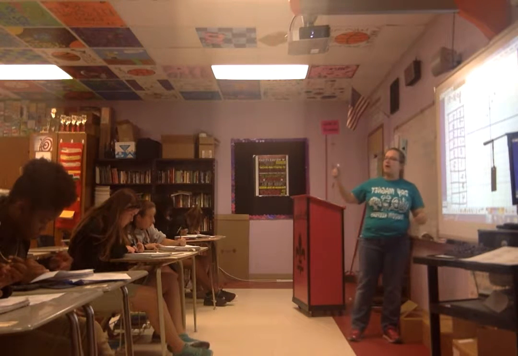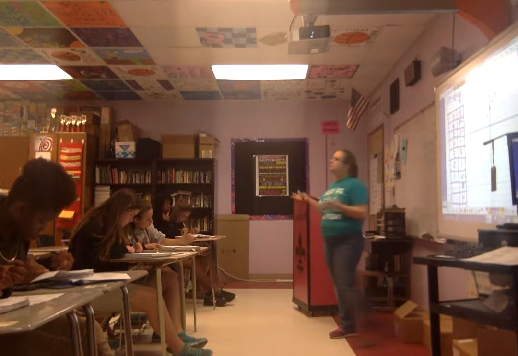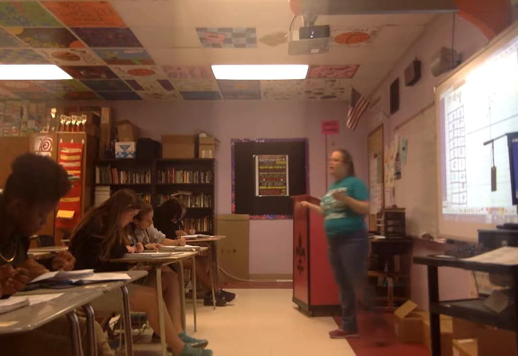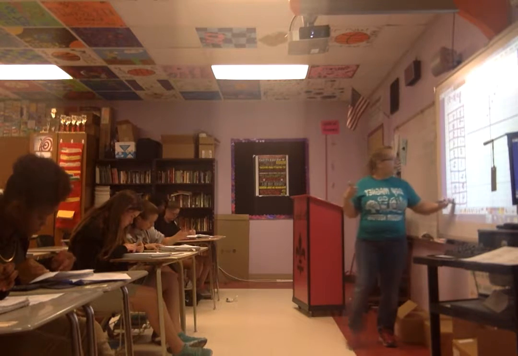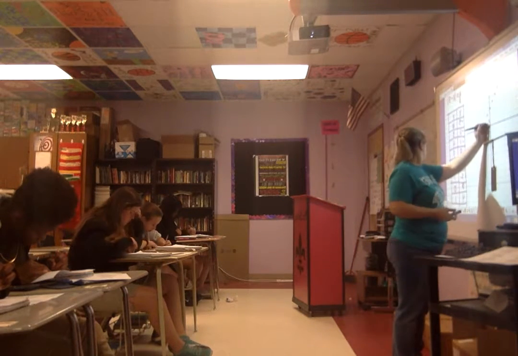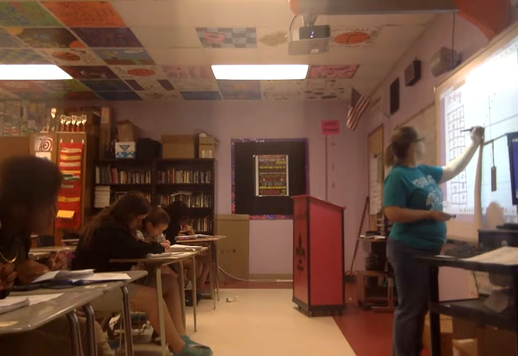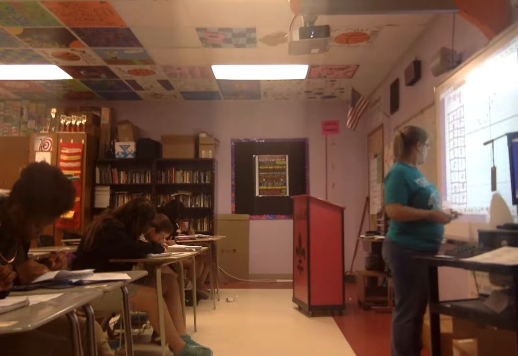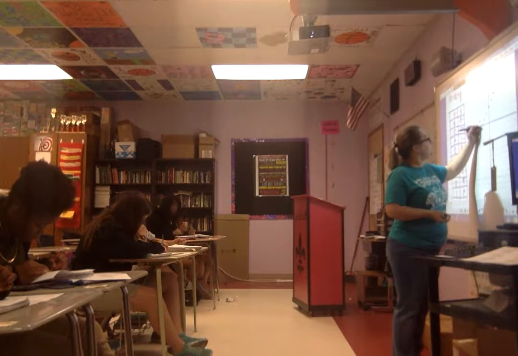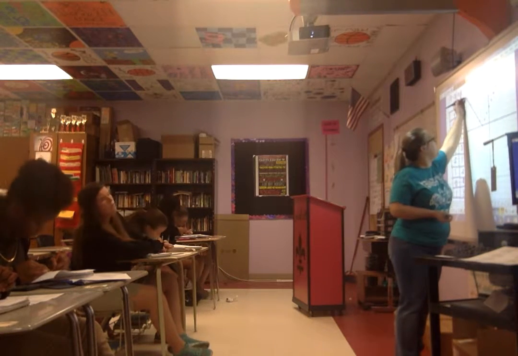Absolute value of negative 1. 1. 3 minus 3 is 0. Absolute value of 0. 4 minus 3 is 1. Absolute value of 1. 1. Plot those 2 points. 3, 0, 4, 1. Again, I'm going to use my straight edge to connect my points.